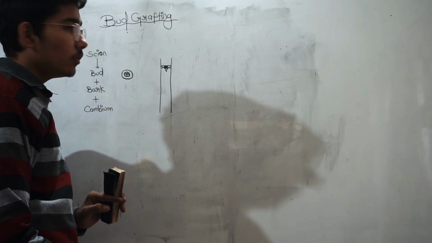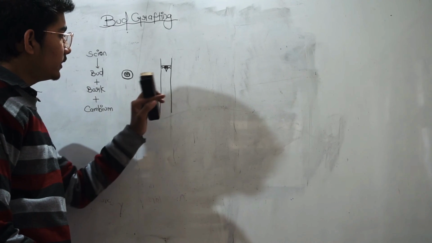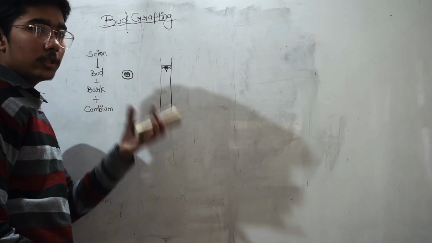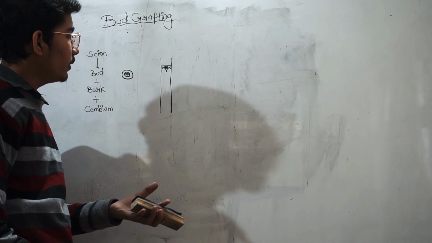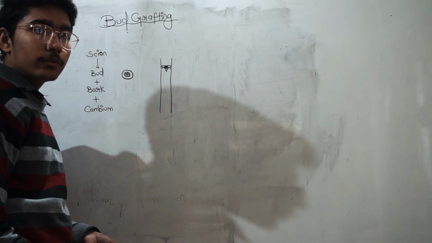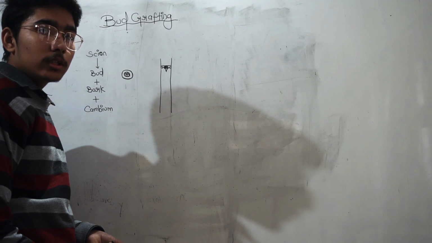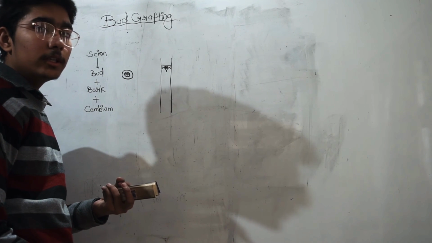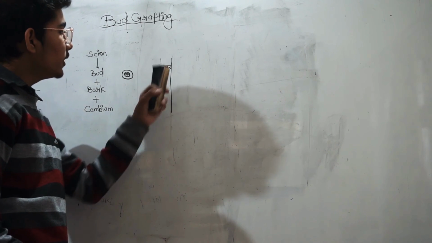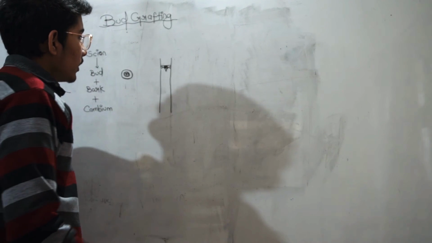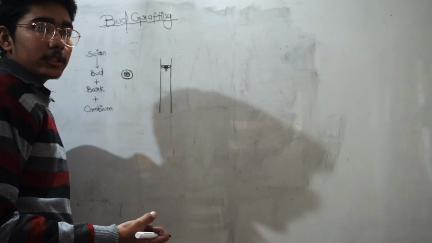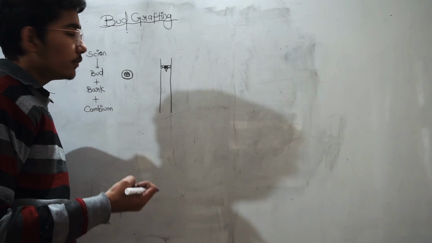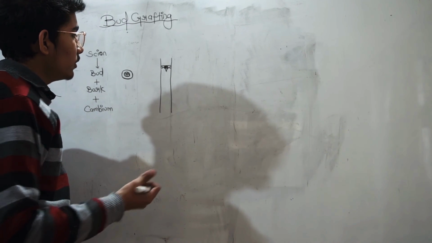And as we all know, in the cambium there is the food and water of the plant, the process which is all going on inside it. So this bud will get these supplies, this water and food, and this bud will sprout.